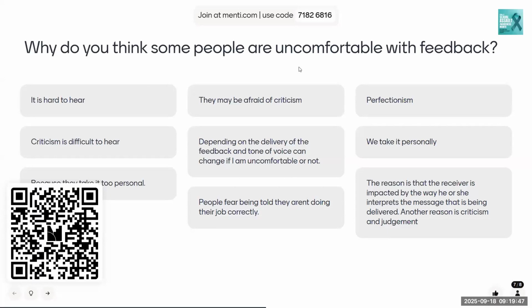We also know that the delivery of feedback can impact how people receive it, right? So if I say, I think you did a really good job today, versus, I think you did a really good job today, I said the exact same message, but my tone and my body language conveyed two different ideas. So those do impact the way that people receive feedback.